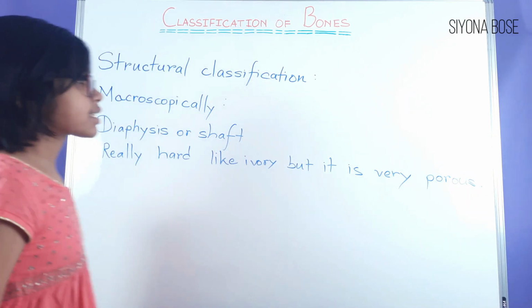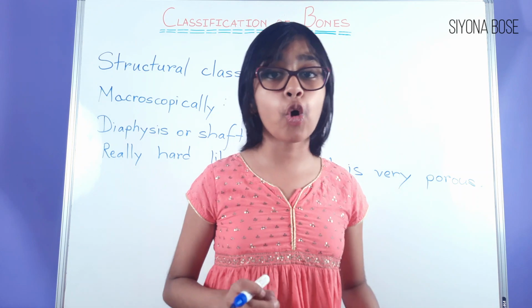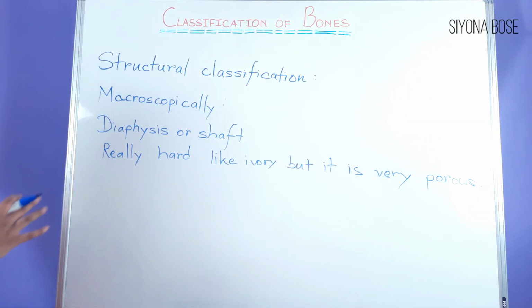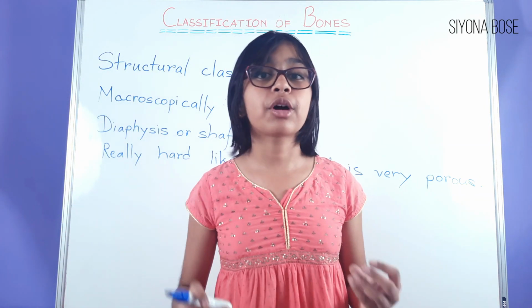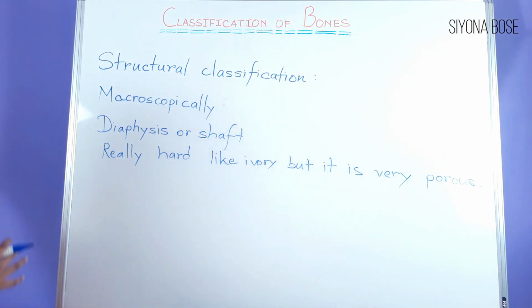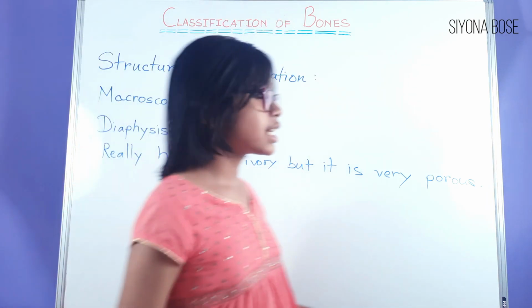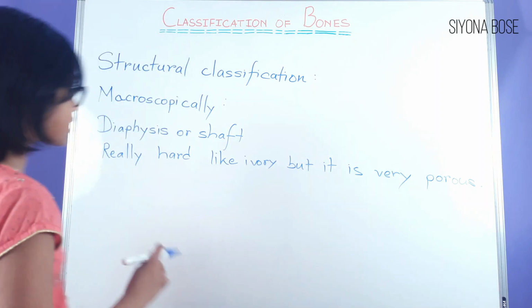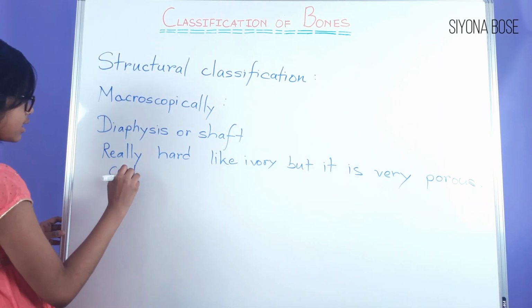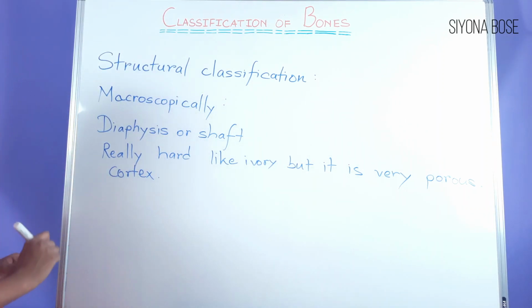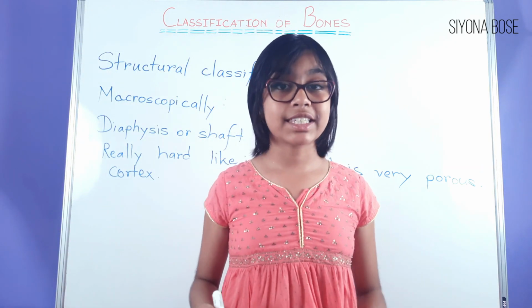Porous means it consists of a lot of pores and holes in it, but it's really hard, like ivory. And the main strength of this diaphysis or shaft is in the cortex of the bone, which is the central part of the bone. That is about the diaphysis or shaft.